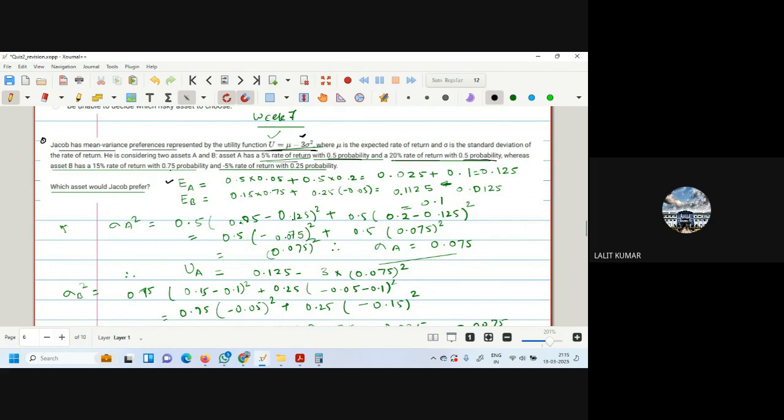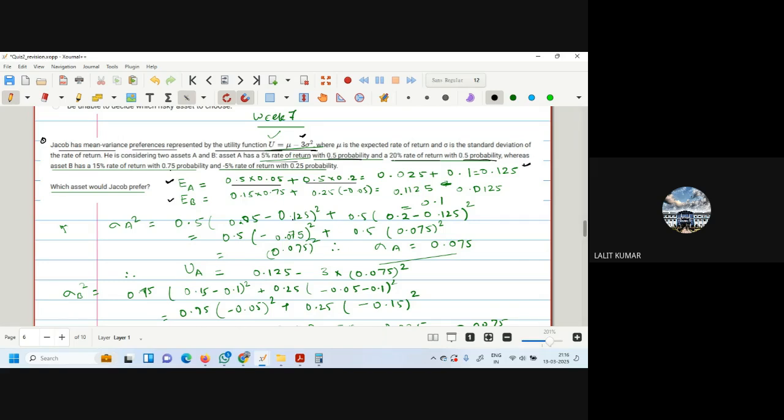First of all, we find the expected return for both A and B, and then we use the utility function to find out the preference. So E of A, we use the probabilities, 0.5, and 0.05 and 0.2.